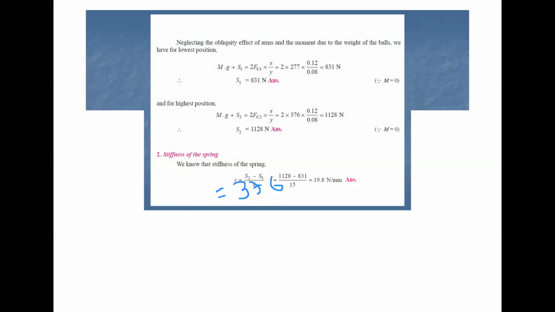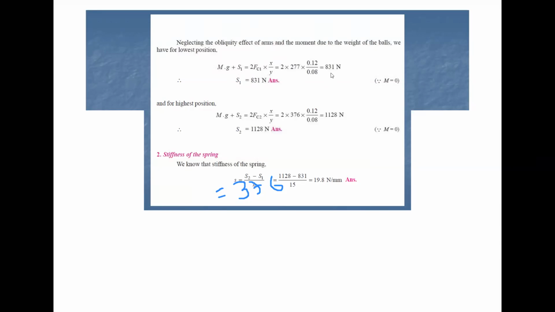Then the equation will come: capital Mg plus S1 equals 2 into FC1 x by y. So 2 into FC1, already calculated 277, into 0.12 by 0.08. So it comes to 831 newtons.